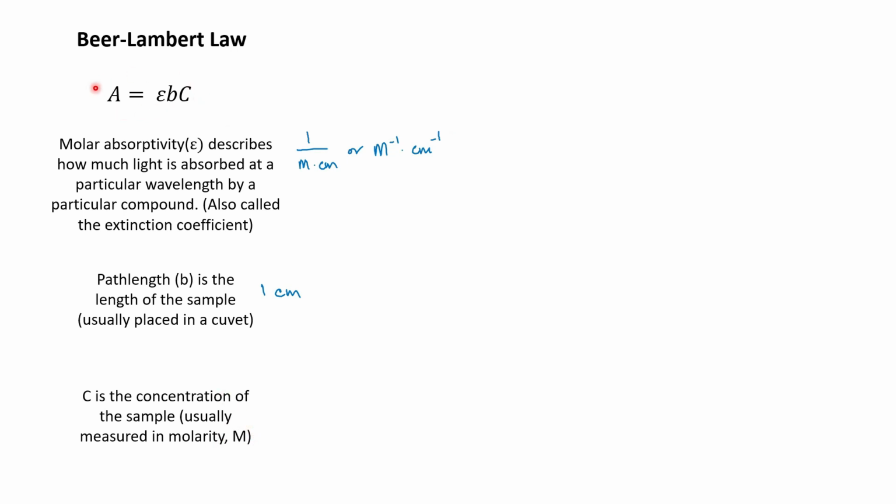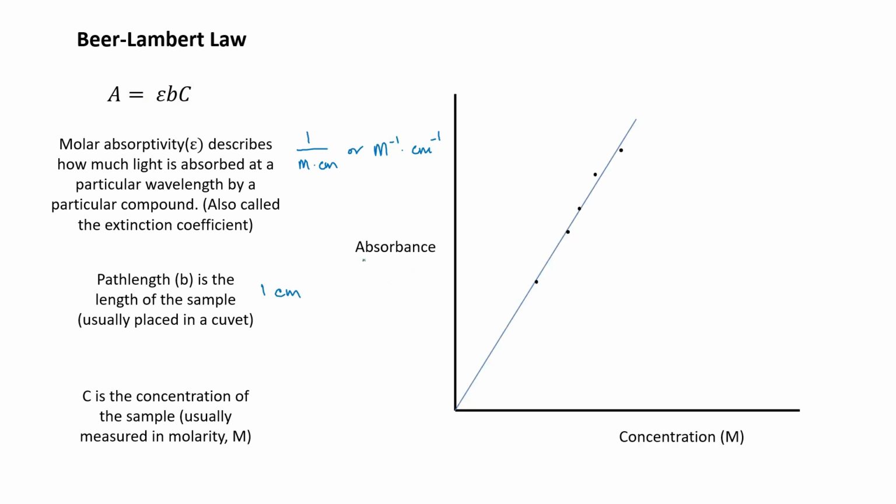Going back to the mathematical form of Beer's law, obviously this is linear. Absorption is directly proportional to concentration. This is what makes it so useful. So when we plot absorbance versus concentration, we get a nice linear plot.